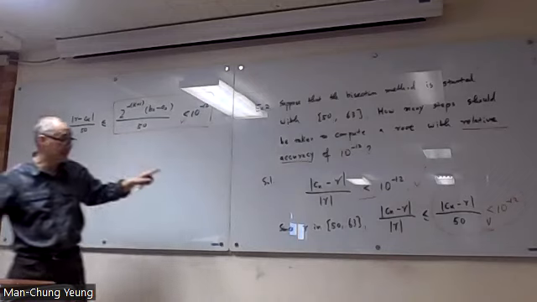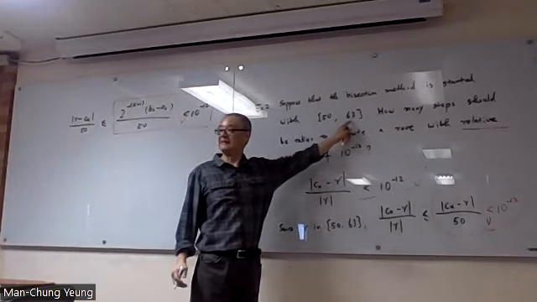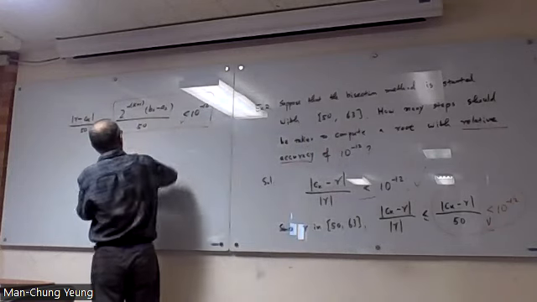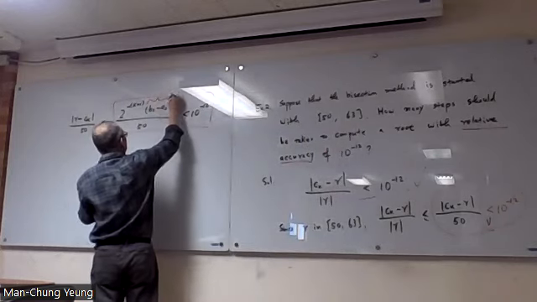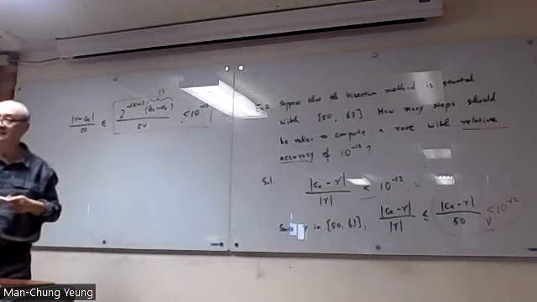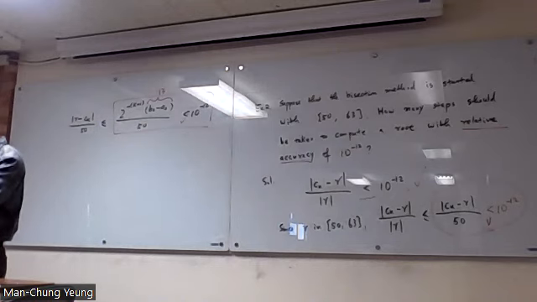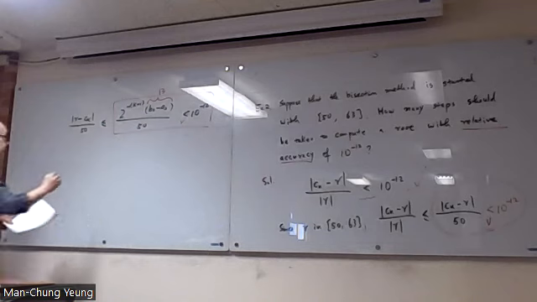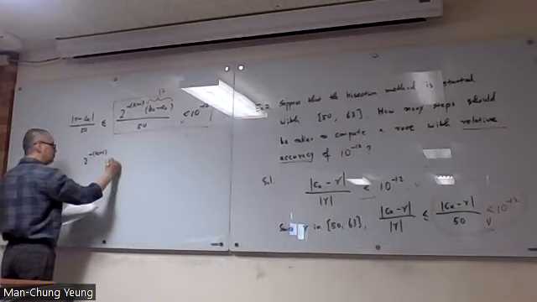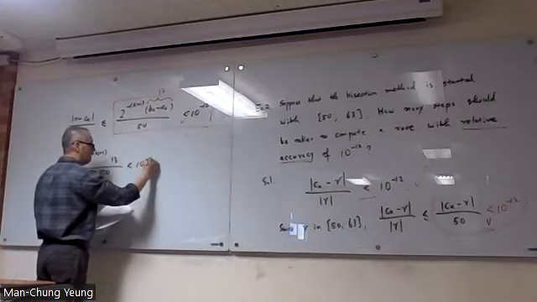What is the initial interval? B0 is 63, A0 is 50, so this is 63 minus 50. Now solve it: 2 to the negative K plus 1, times 13 over 50, less than 10 to the negative 12.